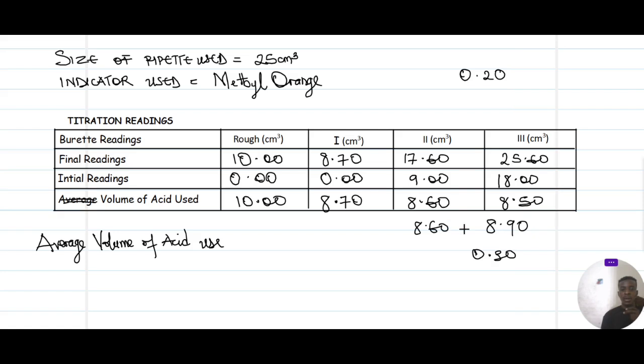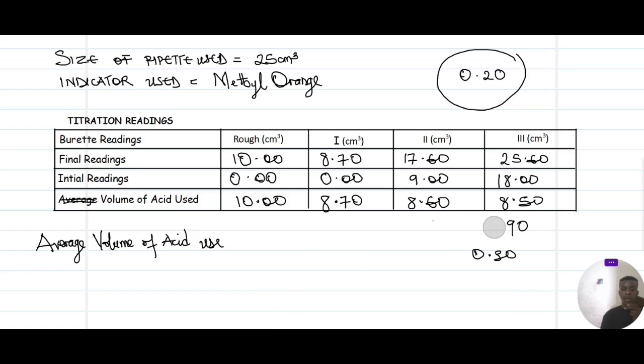You don't need to go with these two values. But let's say you see 8.60 and 8.50, the difference between both of them is just 0.10. It falls within this range, so you can take these two. But let's assume all three fall within this range. You can just take the 3 and divide by 3, but for the sake of the calculation, let's just go with these two since they are very close to each other.